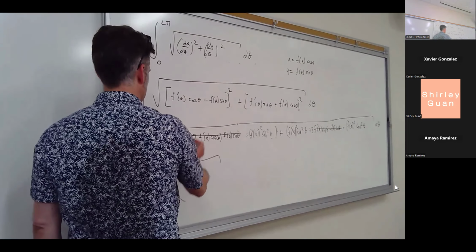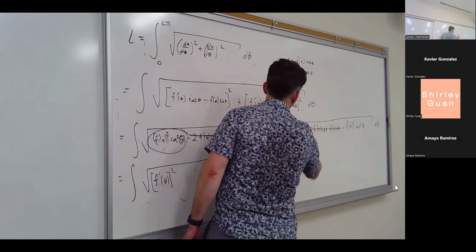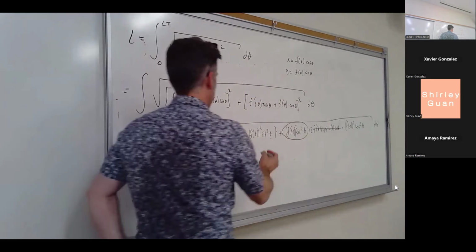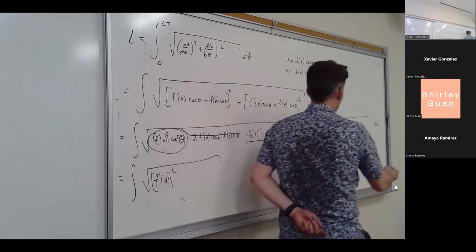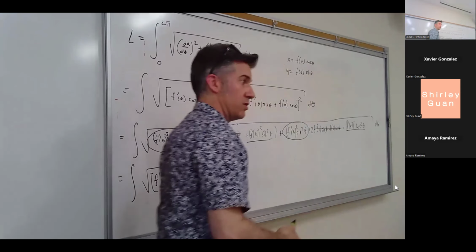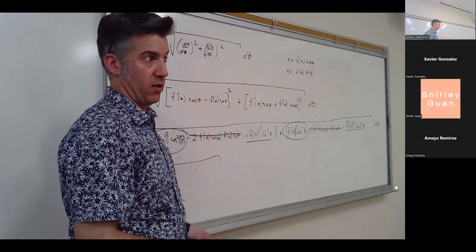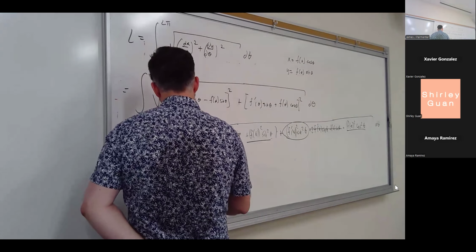That's just f prime squared. And then f squared times sine squared plus f squared times cosine squared is also just f squared, because it's f squared times cosine squared plus sine squared. So it's f of theta.